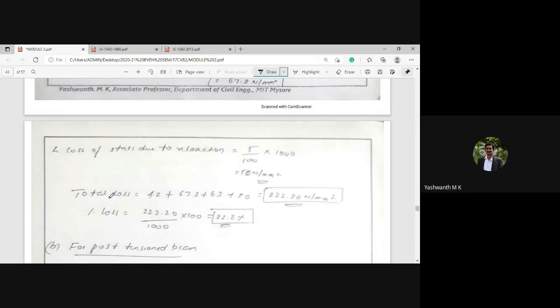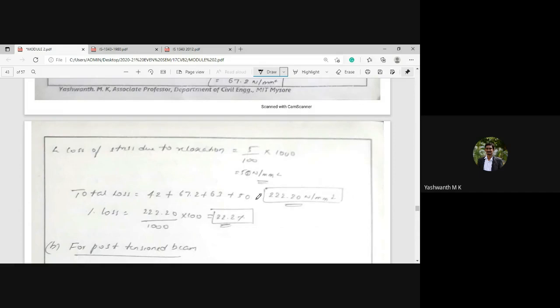So these are the losses. Now in order to calculate the percentage loss, let us sum up all the losses. That is the total loss: loss due to elastic deformation 42, loss due to shrinkage 67.2, loss due to creep 63, plus the loss of stress due to relaxation, that is 50. If you sum up all these losses, you will get 222.20 Newton per millimeter square as the total loss.